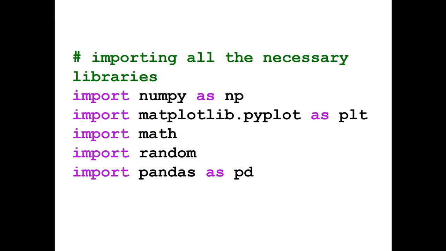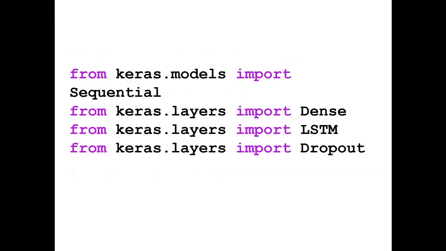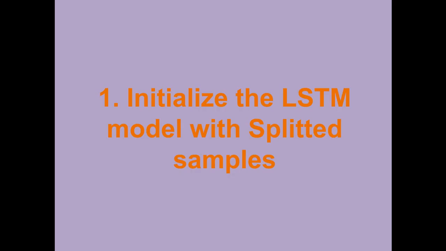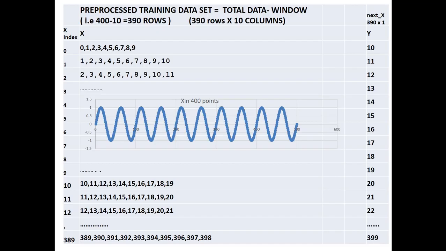So in continuation with the earlier video, where the same libraries are used, the Keras library, the first thing we have to do is initialize the LSTM model with split samples. In the last video you must have seen, if we have 390 rows of data, each having a window of 10, that means you are creating a 390 by 10 array.